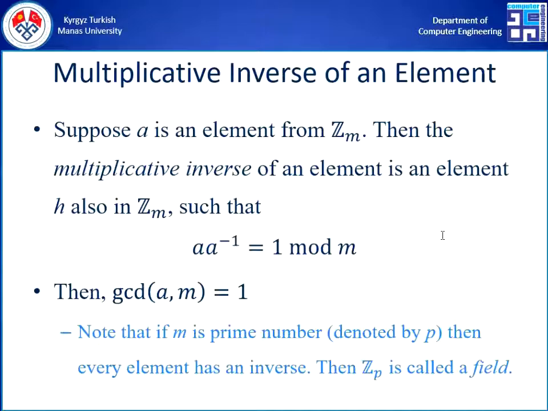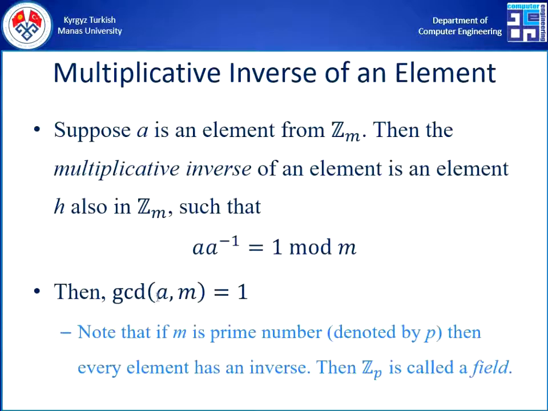How are we going to define this multiplicative inverse? This multiplicative inverse is also an element of the same set, and it should give us the multiplicative identity, which is 1, when multiplied by the number itself. But the point is that an element can have a multiplicative inverse if and only if this element has a greatest common divisor equal to 1 with the modulus with respect to which we are doing our calculations.